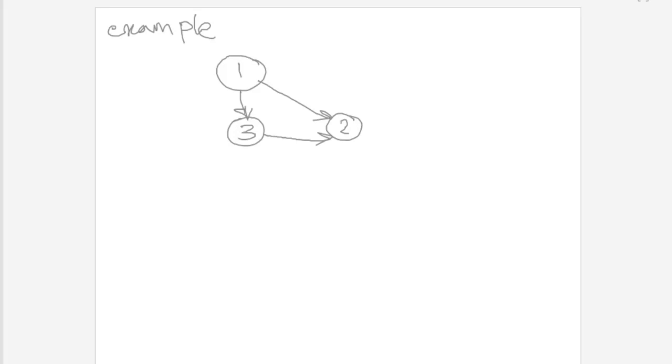For the next step, let me write an example. This is the graph. Okay? This is a directed graph, okay?